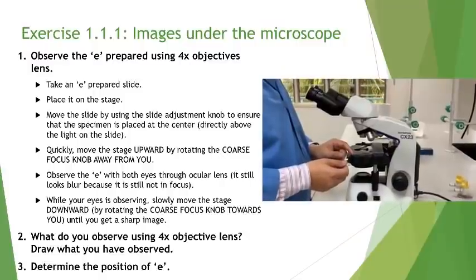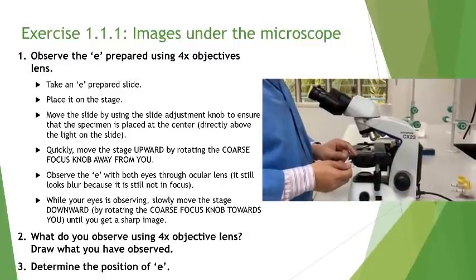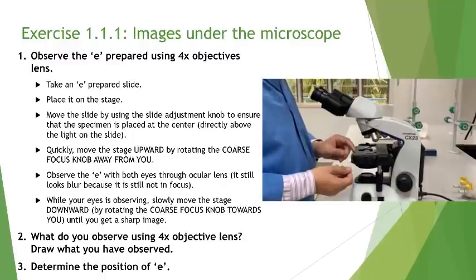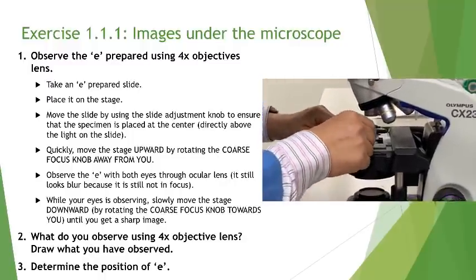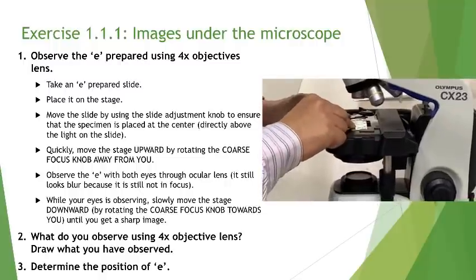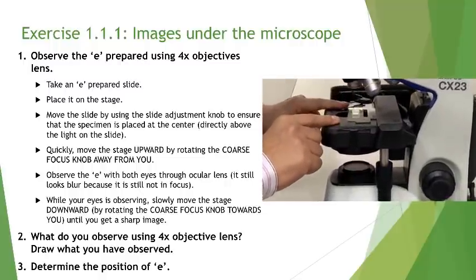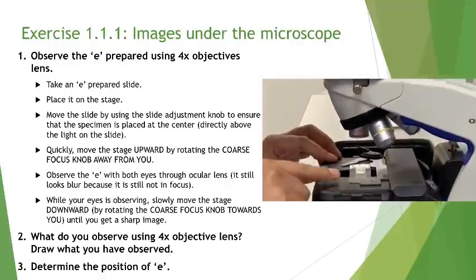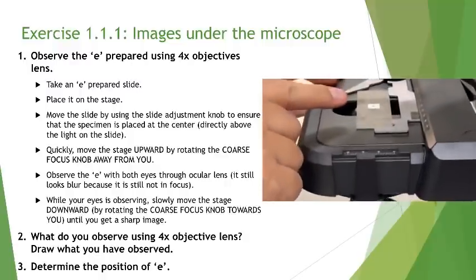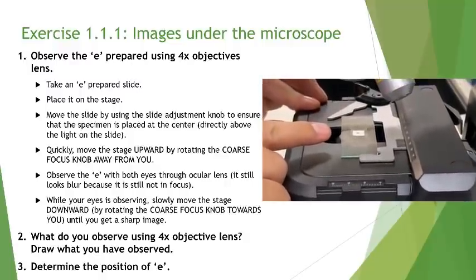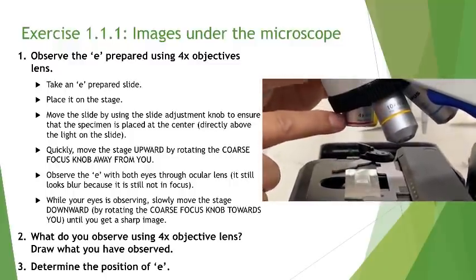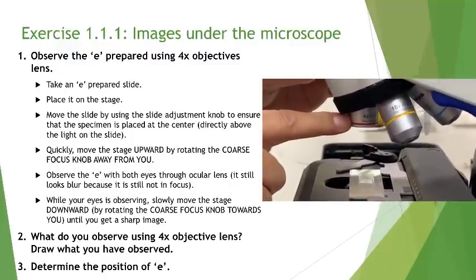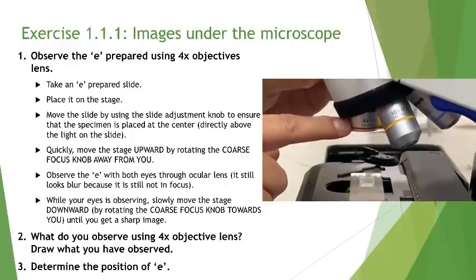For exercise 1.1.1, images under the microscope, you put the E-prepared slide in the correct orientation onto the stage of the microscope. Correct orientation meaning the letter E is in its original position. Then you observe the image using the 4 times objective lens.